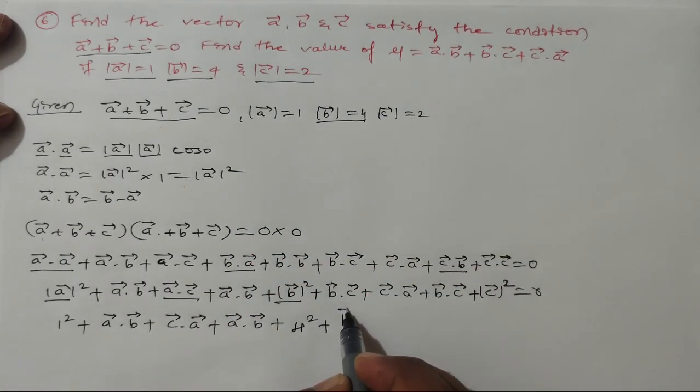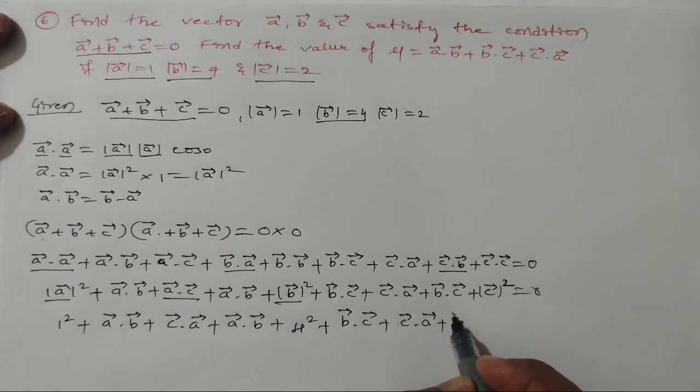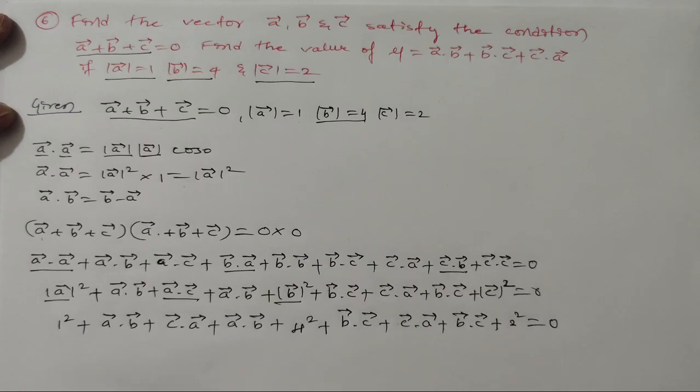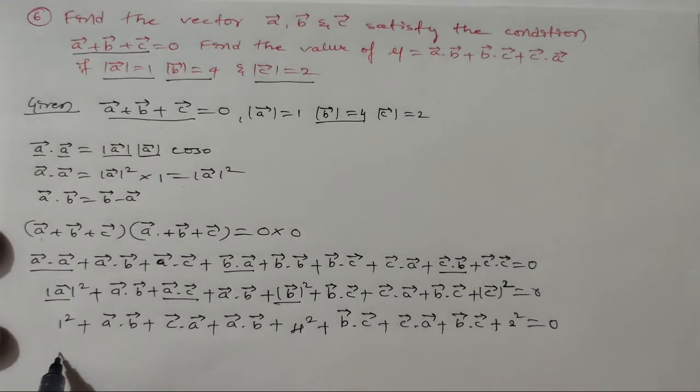Next, b vector dot c vector, c vector dot a vector plus b vector dot c vector plus magnitude of c becomes what? 2 square equal to 0. So 1 square becomes what? 1 square becomes 1, right?